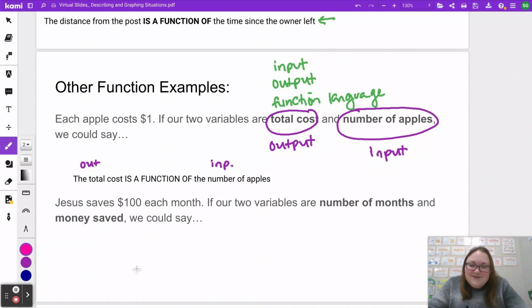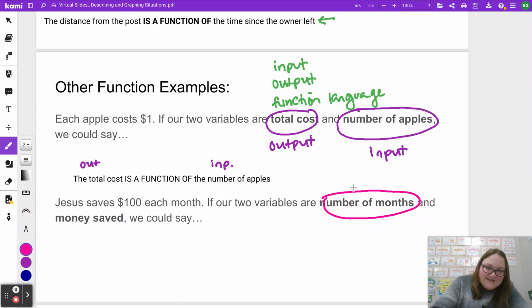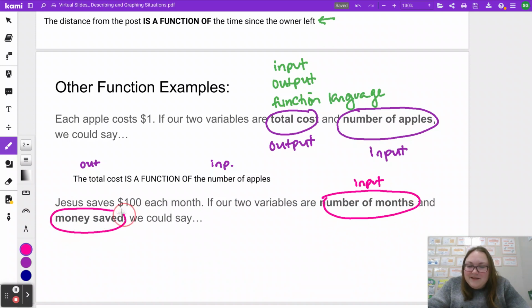In this one, we have Jesus saves $100 each month. Our two variables are the number of months and the money saved. Here, the number of months he's been saving is our input. If I told you he saved for 10 months, you would be able to give me the money saved, the output. We need those again to help us write our sentence.